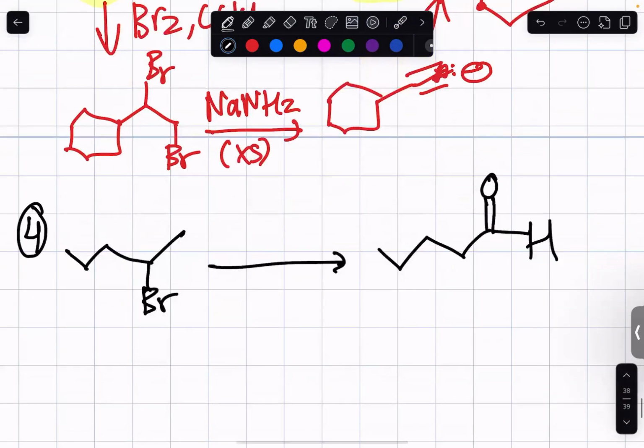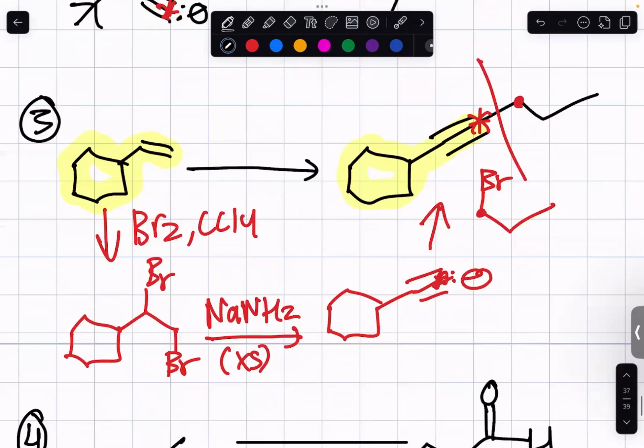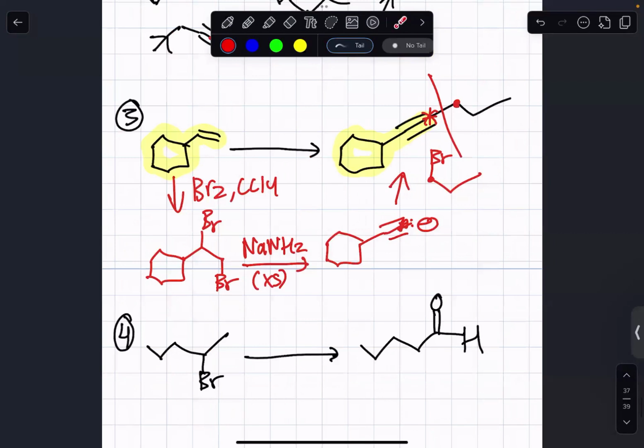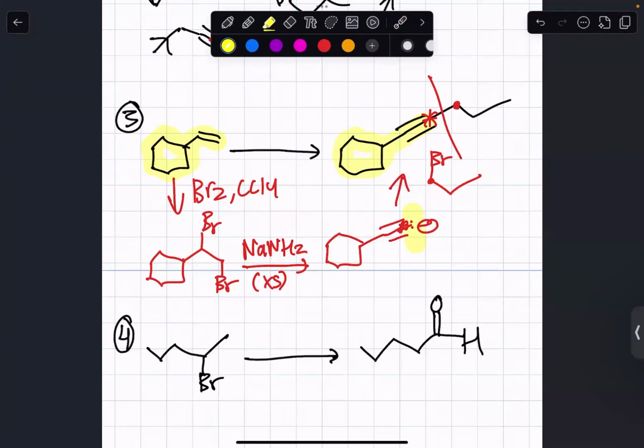Okay, let's try this one. How does it form the extra bond? Yeah, it forms the extra bond by doing SN2 reaction. If I highlight this pair of electrons here in red, like that, and that attacks this carbon right here and kicks out the bromine, that's this new red bond right there.